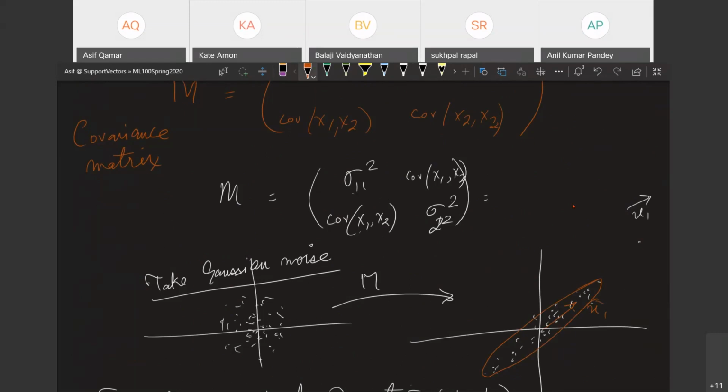And basically because you can transform a point from here to here, you have a means to move to a new coordinate system, which is based on U1, U2. And if you ignore the U2 direction, you have reduced the dimensionality of the problem to just U1. So every point can be specified just by how far from the origin it is along the U1 axis.